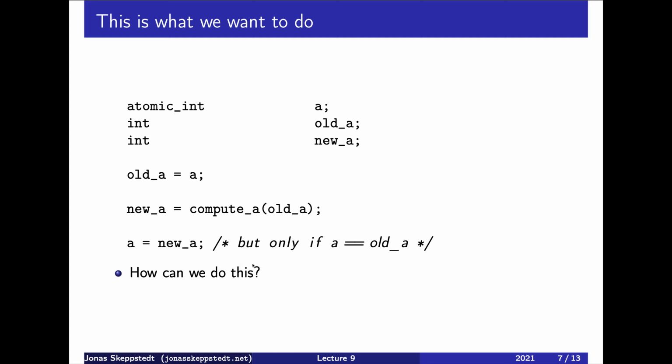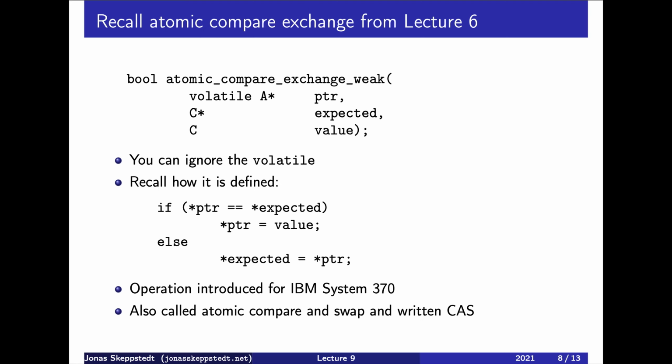But what we want to do is to save the new value if a is still equal to the old value. If that's the case, then we have modified a atomically. And fortunately, this function is available in all relevant languages with different names.